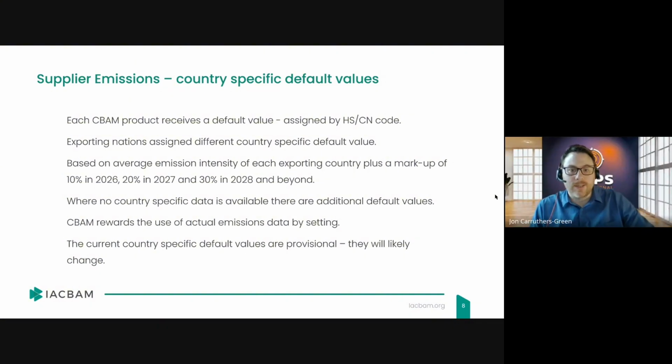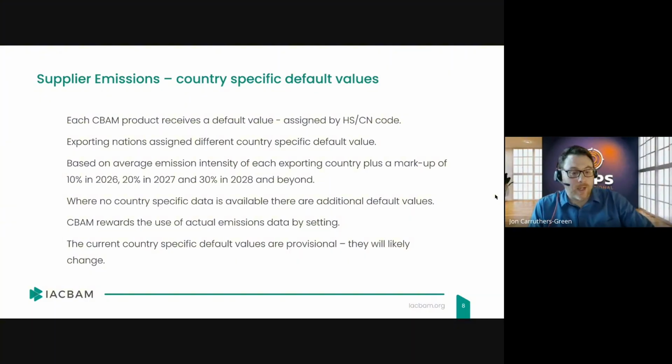The country-specific default values. This is, as I say, one option that you can take when it comes to accounting for your supplier's emissions. These default values essentially give a CO2 emissions per ton of good value for each one of the products that's in the CBAM scheme.